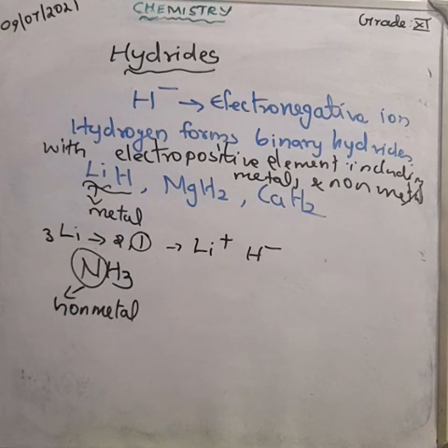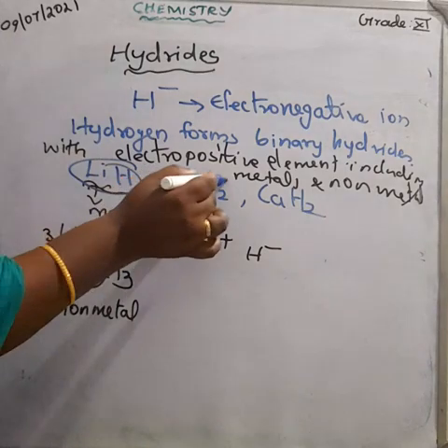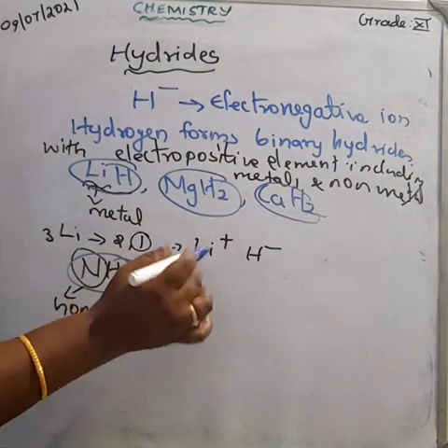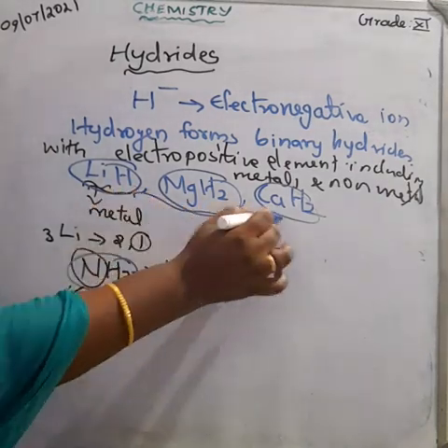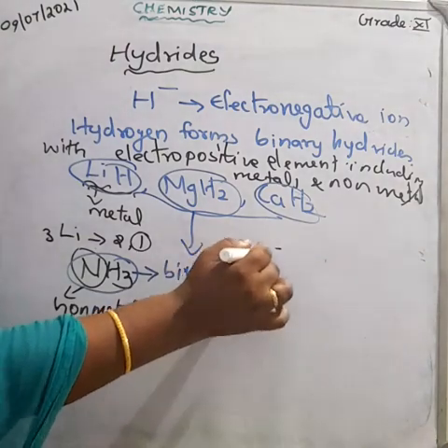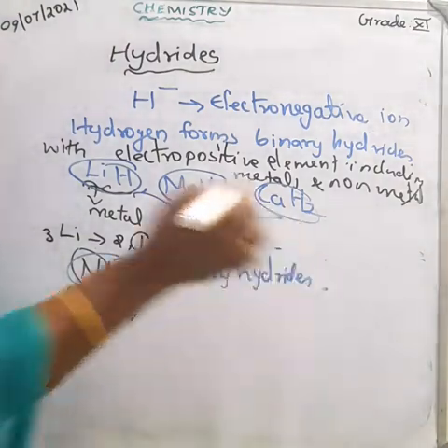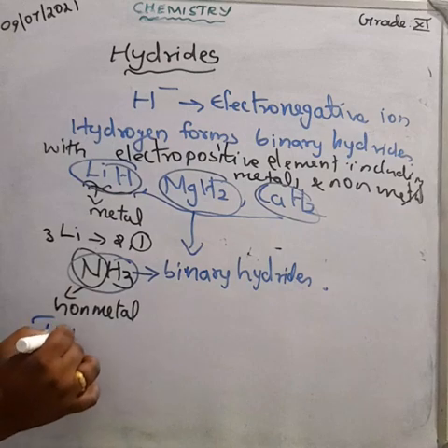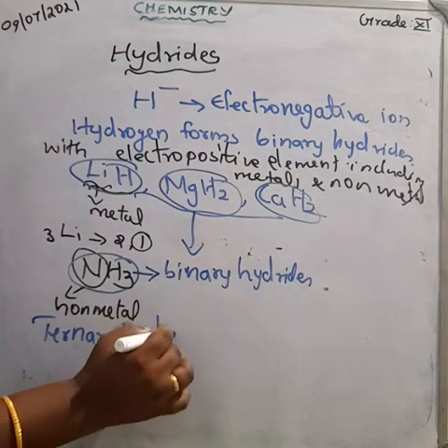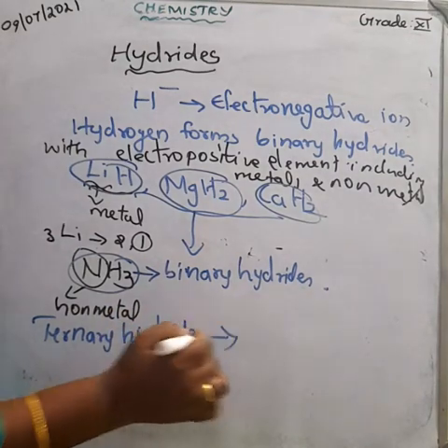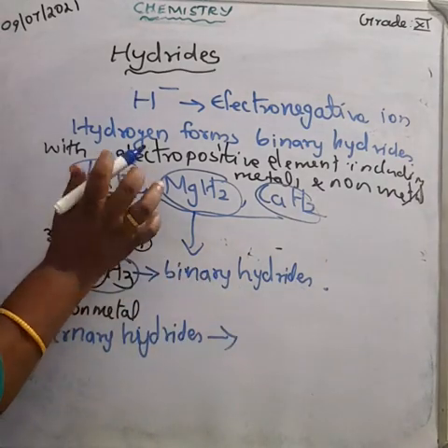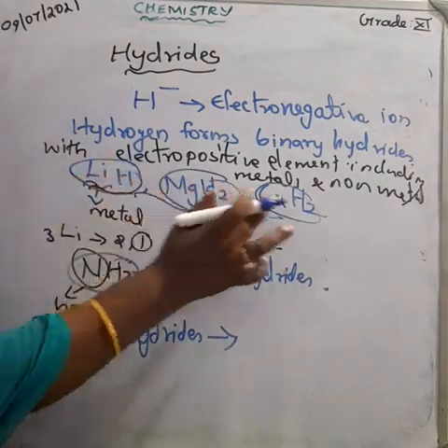These are binary hydrides: lithium hydride, calcium hydride, magnesium hydride, sodium hydride. It can also form ternary hydrides. Ternary hydrides means hydrogen forms compounds with two metals. Binary hydride means hydrogen forms a compound with one metal.